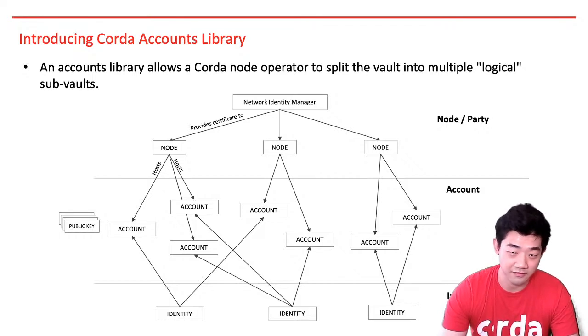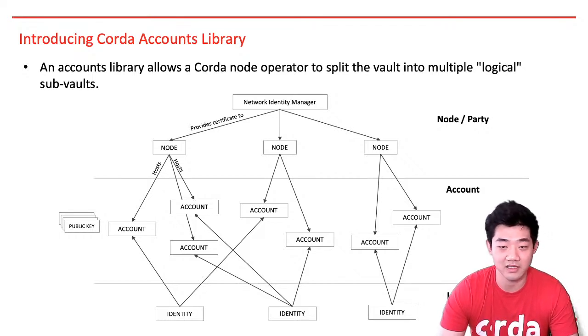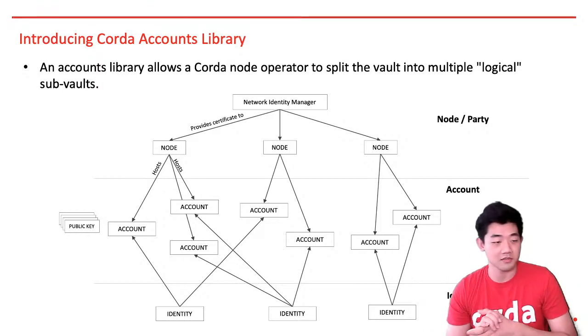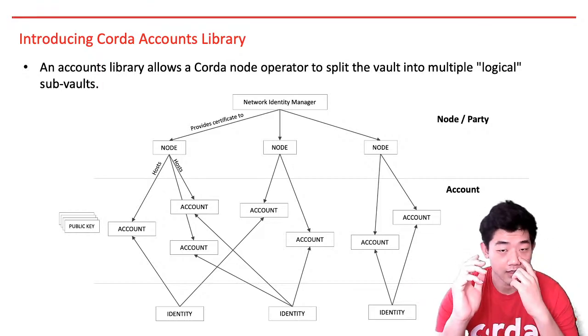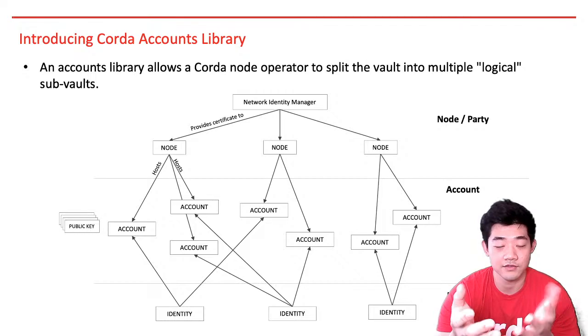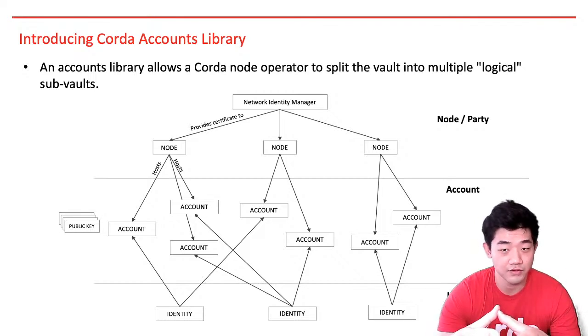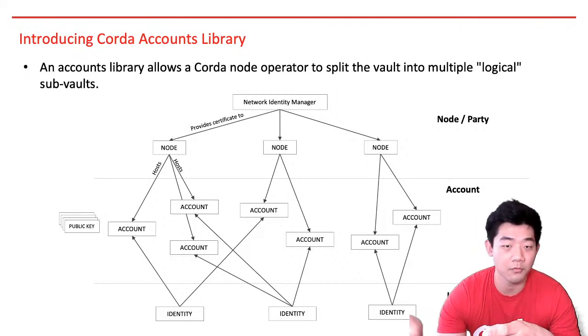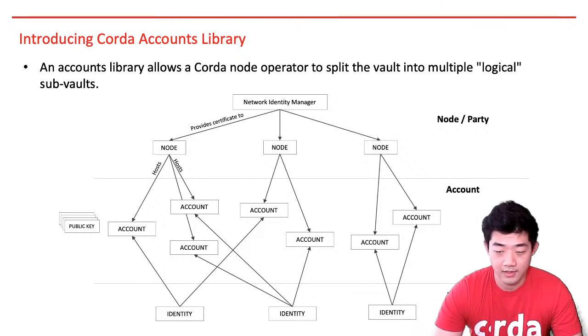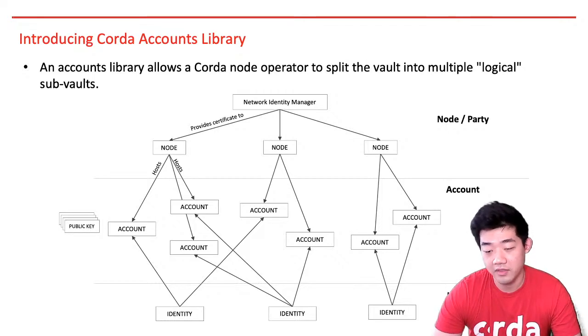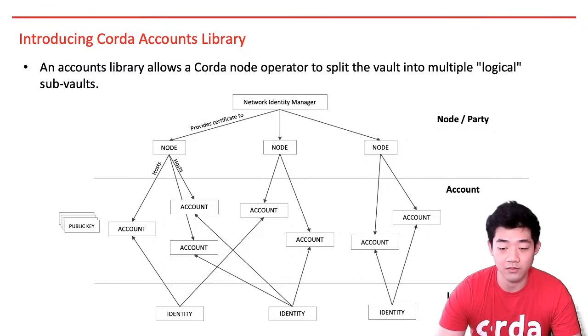From the node operator's perspective, you can have one server or service that covers multiple accounts. So what we have achieved here is bypassing a common limitation of many DLT systems, where each node can only represent one identity.